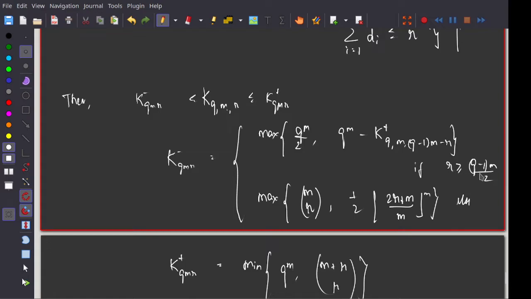So in this case, is r greater than or equal to q minus 1 times m by 2? Correct. So how would you choose?